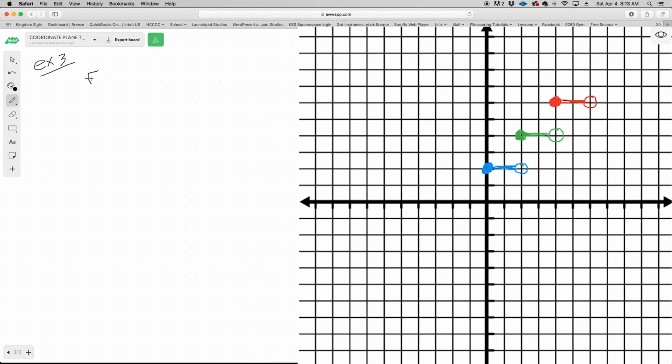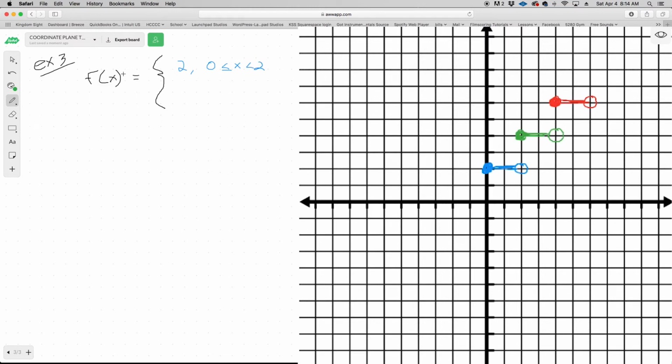Well, f of x equals 3 different pieces of this function. So look at the blue function. It looks like the y value for the blue function is constantly 2. So the value is 2 when x is in between 0 inclusive and 2.